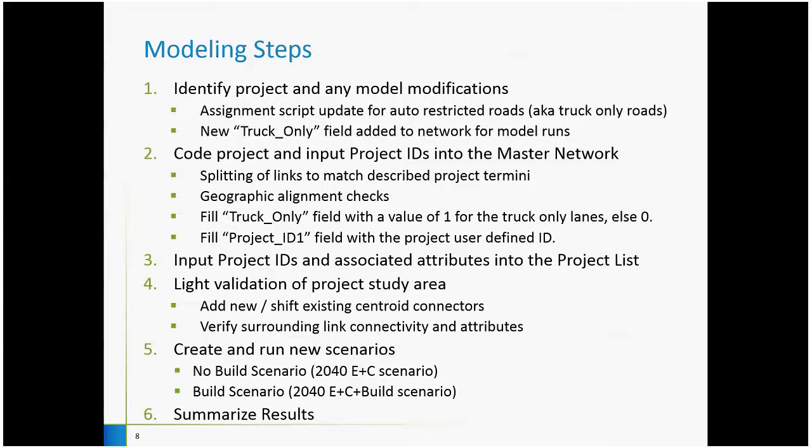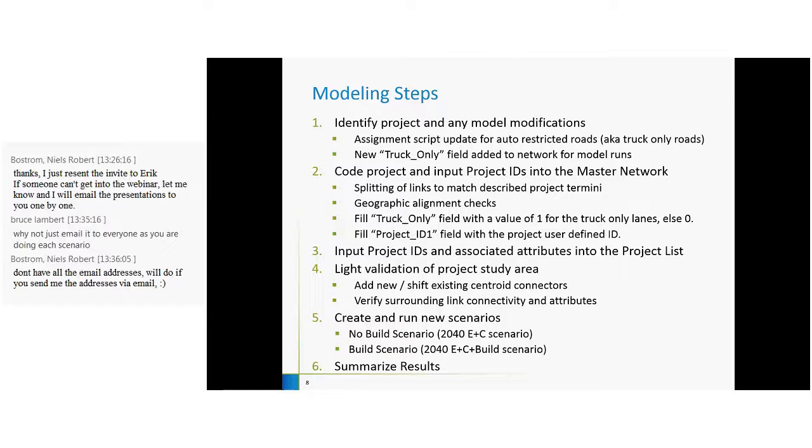I have a question for this truck-only lane. Is the speed limit the same as the other lanes, or is it lower? So in this scenario, that's a very good question. In this scenario, it is the same, but that is definitely a lever that you can change for sensitivity testing. Okay.